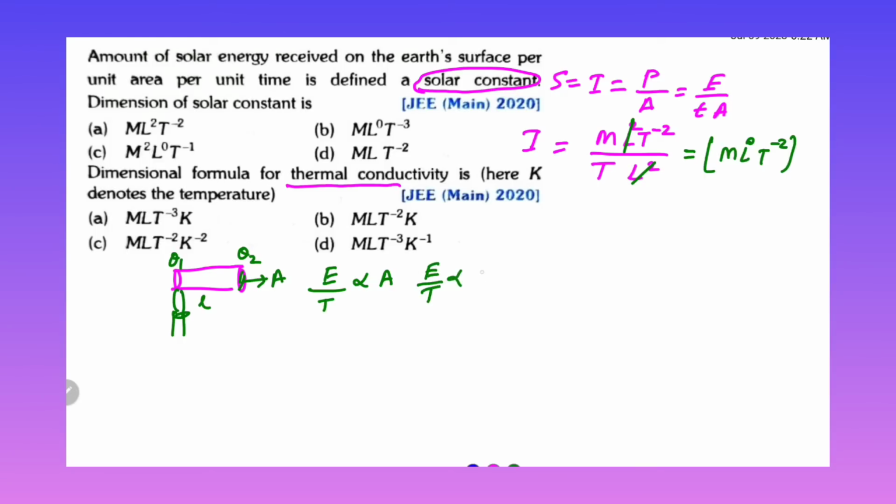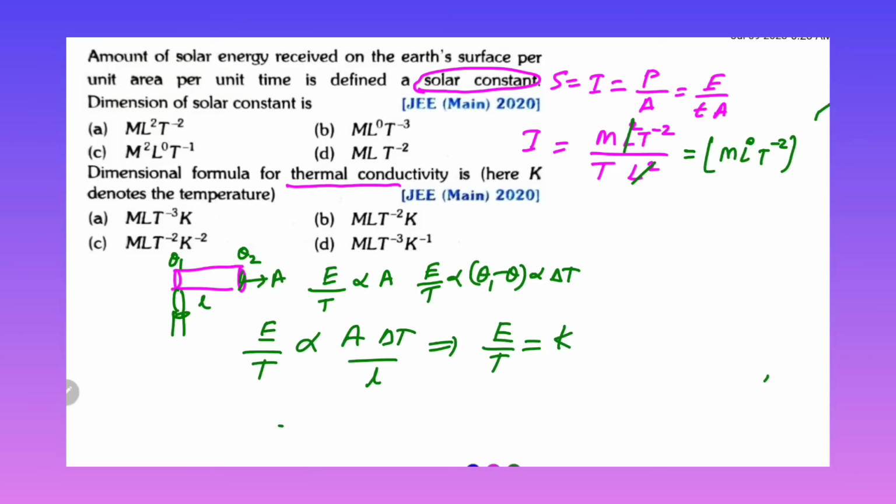Rate of flow of heat is directly proportional to temperature difference, which can be taken as delta T. And rate of flow of heat is directly proportional to A, temperature difference delta T divided by length, which is equal to rate of flow of heat energy by time.